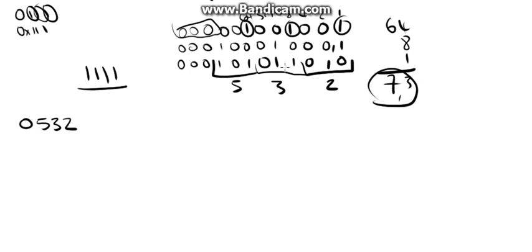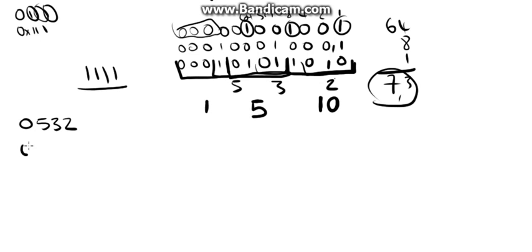Break it down into hexadecimal, take 4 of them, so that's 2 and 4 is 6, and 8 and 2 is 10. Take the next 4 digits, 1 and 4 is 5, and the last 4 is 1.